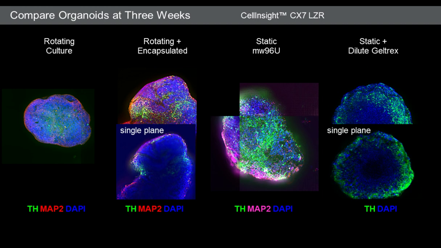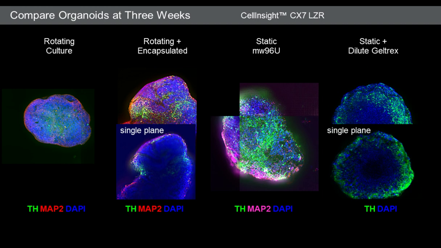Next, to see how these alternative workflows affect neuronal differentiation, we compared the organoids at 3 weeks by whole-mount immunostaining. The organoids were stained with antibodies and cleared with the CytoVista reagent, and then imaged on the Cell Insight CX7 laser high content analysis instrument.